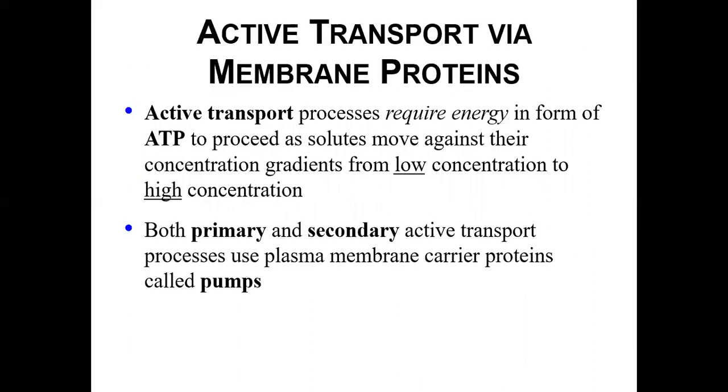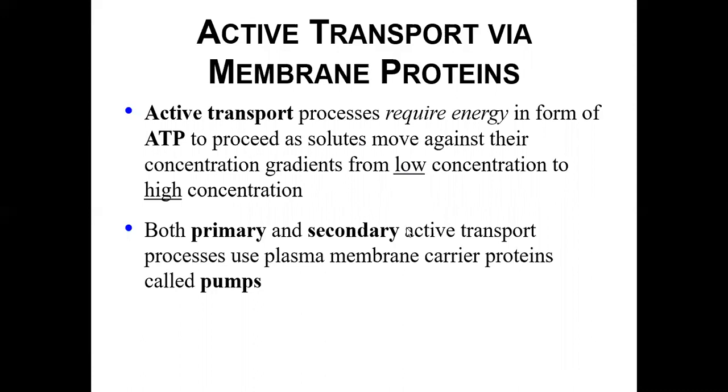Now, the other topic here is the active transport mechanisms. Remember, active transport requires energy, and the energy that it's going to use here is called ATP. And that provides the energy for molecules to go against a concentration gradient. So in other words, they're going from an area of low concentration to high concentration. So active transport is opposite of diffusion.